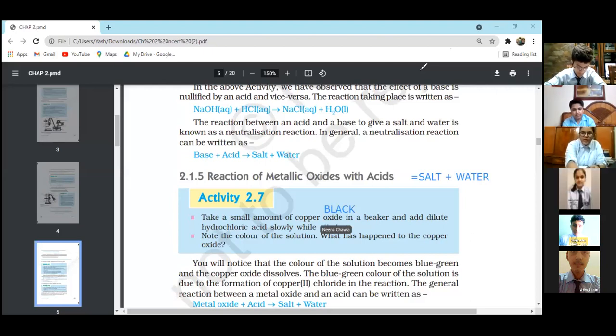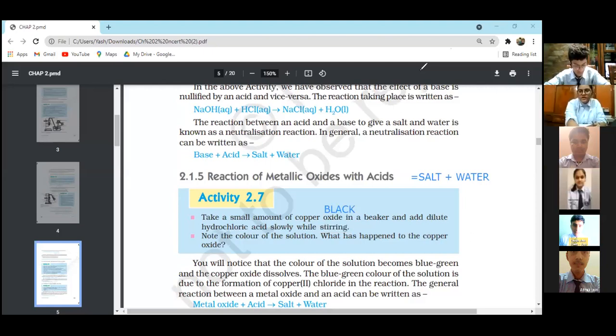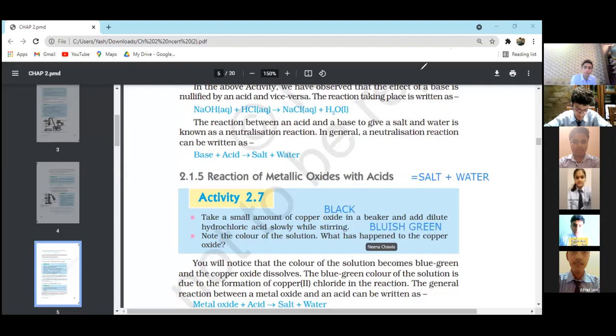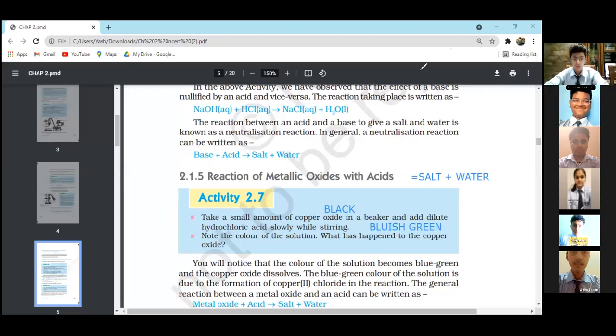This salt will be bluish green because the salt formed here is in hydrated form, copper chloride. Please tell what will be the reaction. Anyone? Try. We have been given copper oxide. Speak out. CuO plus HCl gives CuCl2 plus H2O.